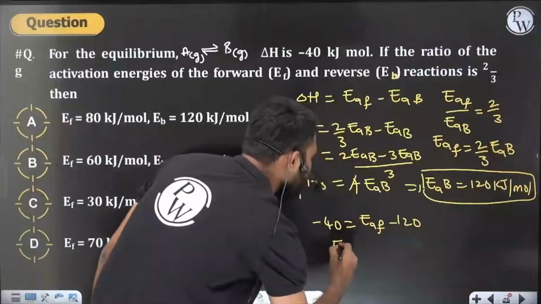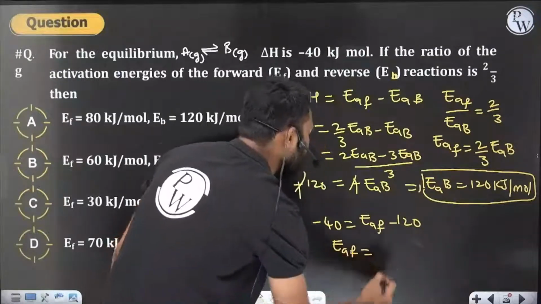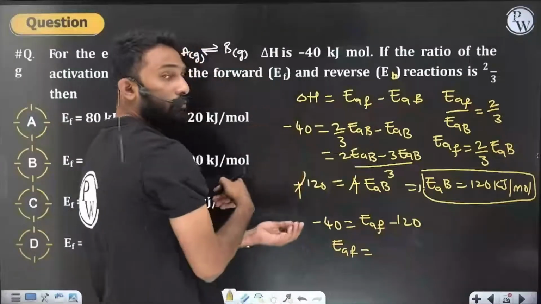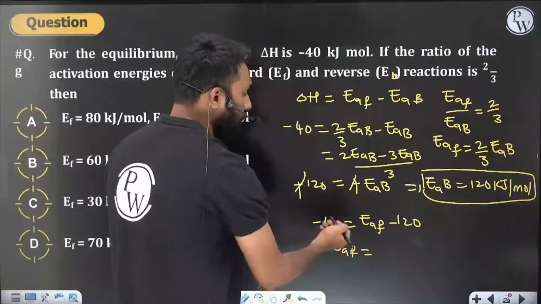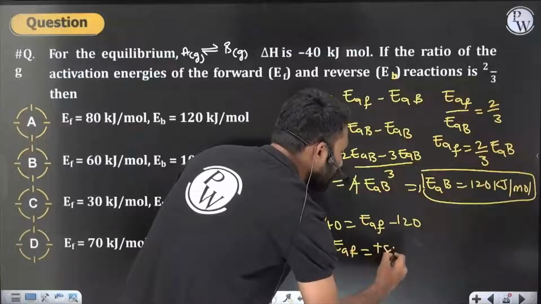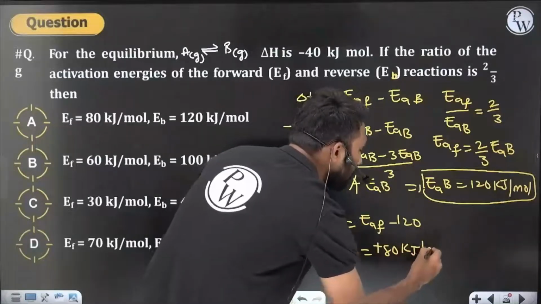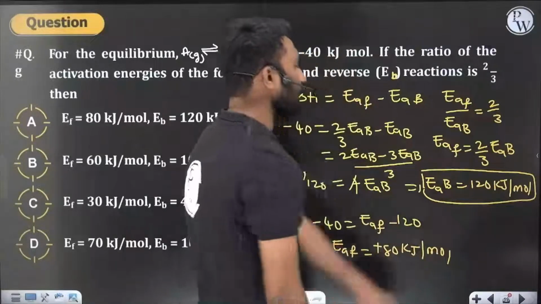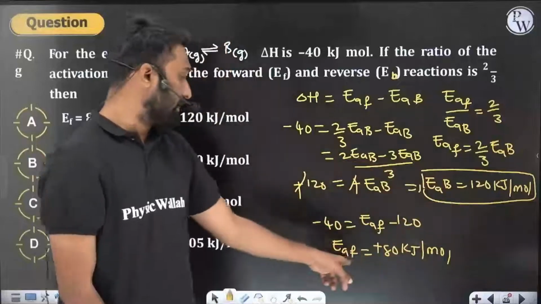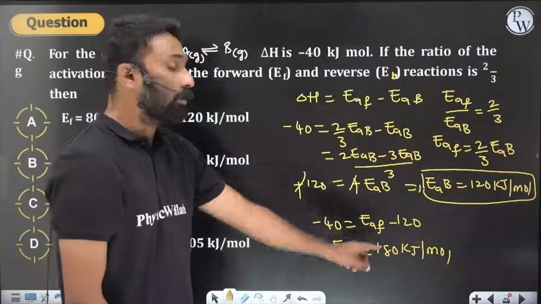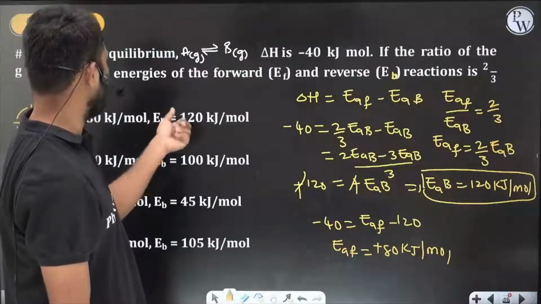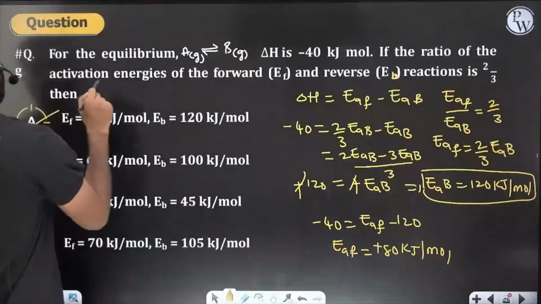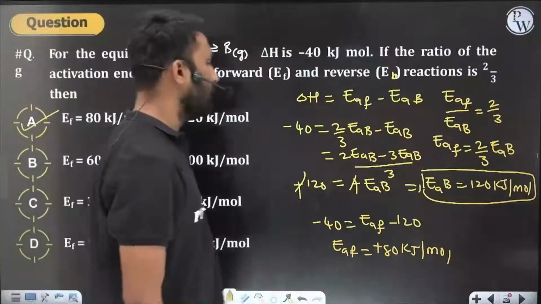Now activation energy of forward is equal to, now minus 120 if you bring to the right hand side, it will become plus 120. 120 minus 40, it will become 80 kilojoule per mole. Now, activation energy of forward is 80, activation energy of the backward is 120. So option number A is correct.